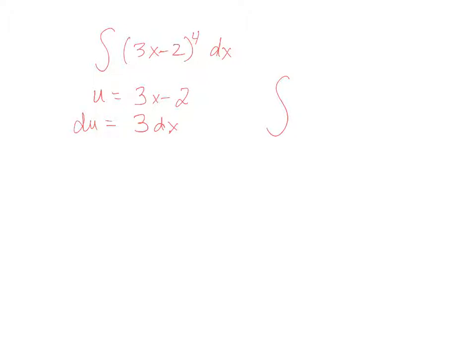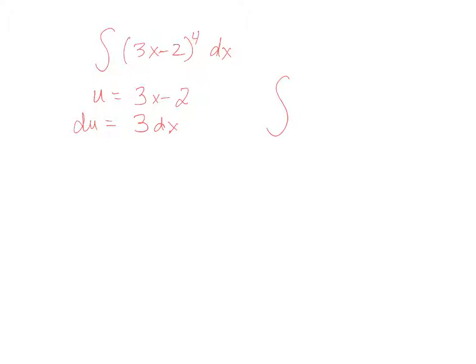I have the antiderivative of 3x minus 2 to the 4th dx. Okay, well, this looks like I could possibly have the same issue that we just talked about, but let's double check. So my u value, what is inside the parentheses, is 3x minus 2. So the du of this would be equivalent to 3 dx. So let's start replacing what I have.